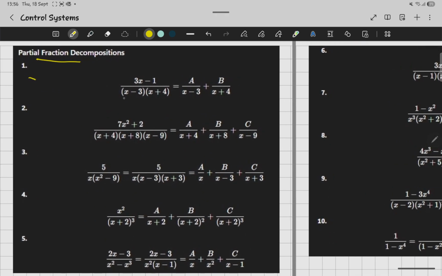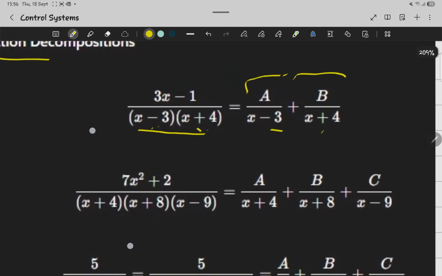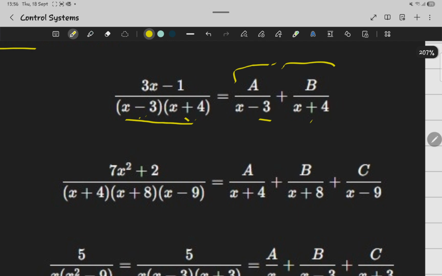This is when you have this type of equation, and this is how you're going to break it down. You can see the denominator with power 1, and it's going to break down like this. If you have a form like this, you're going to break it into 3 and write it in this form.